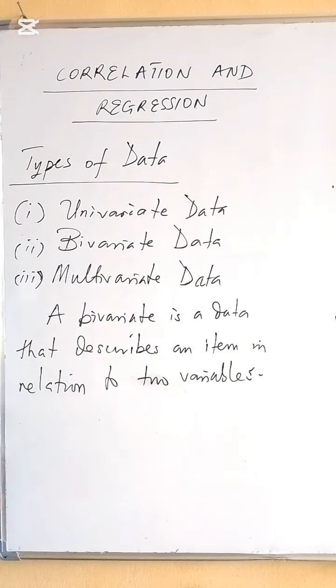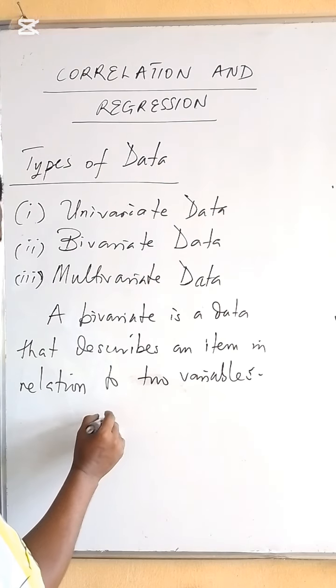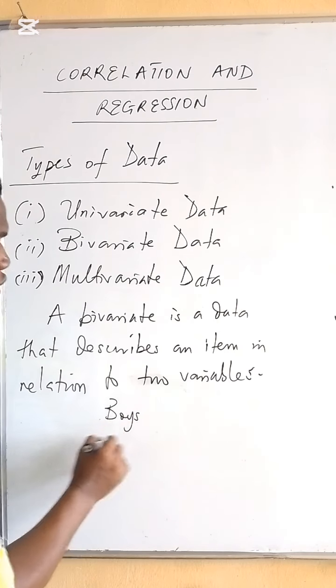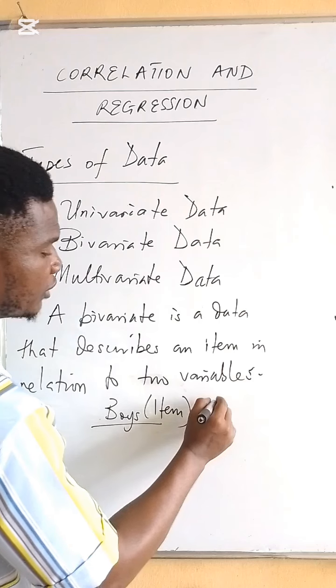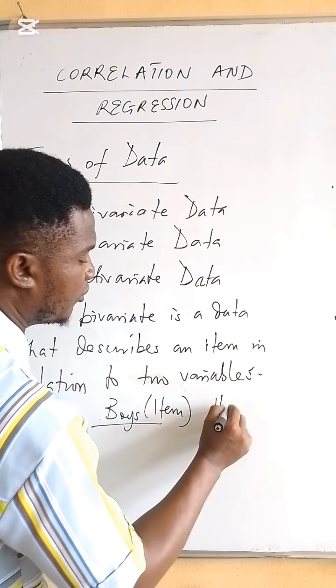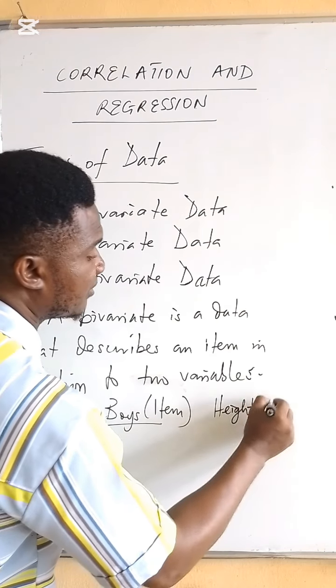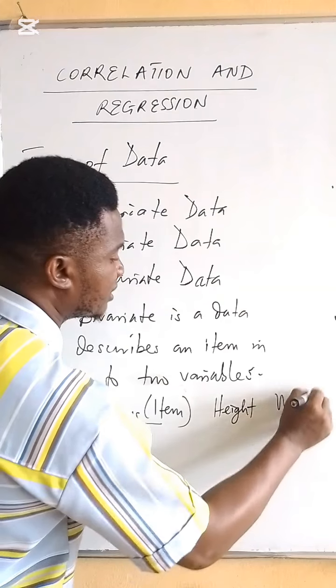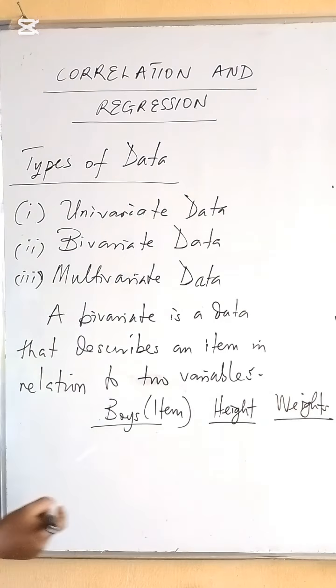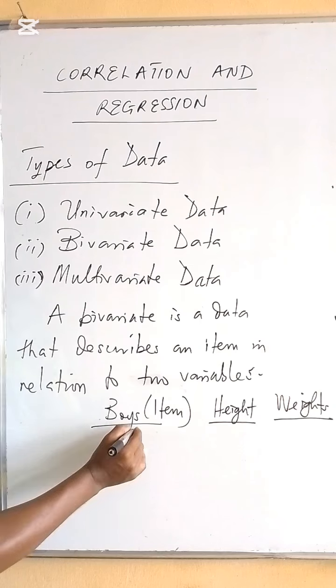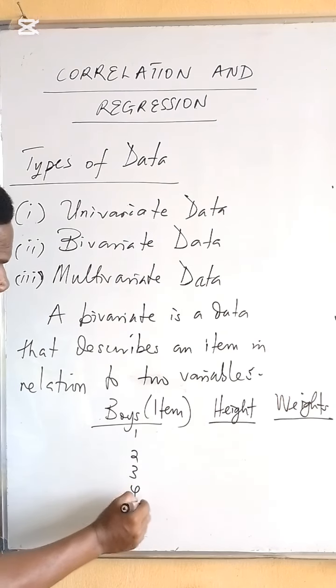So, in this case, like the previous case, let's consider the item again, boys. If boys constitute your item, you can now consider variable 1 as height and variable 2 as weight. The item remains boys, so I'm considering 1, 2, 3, 4, 5 boys.